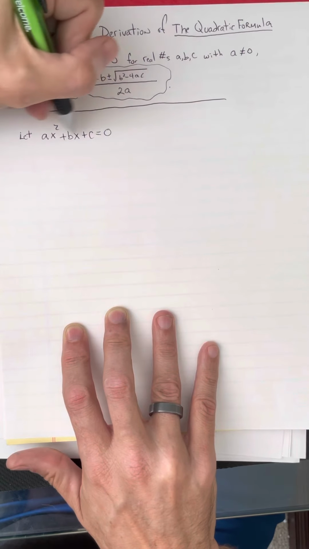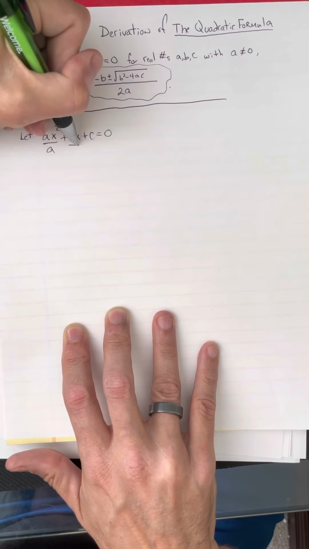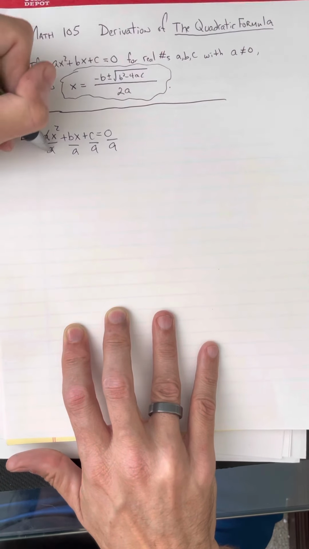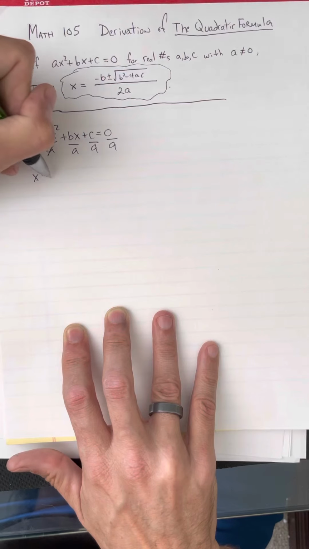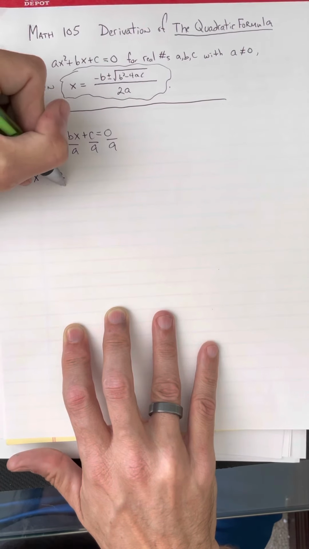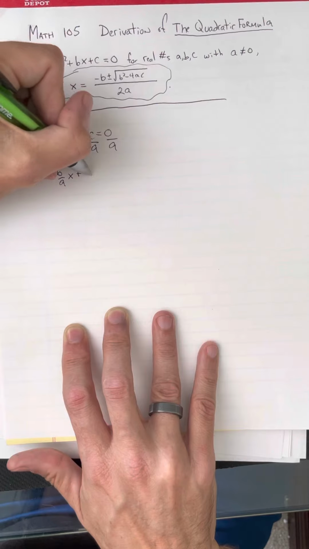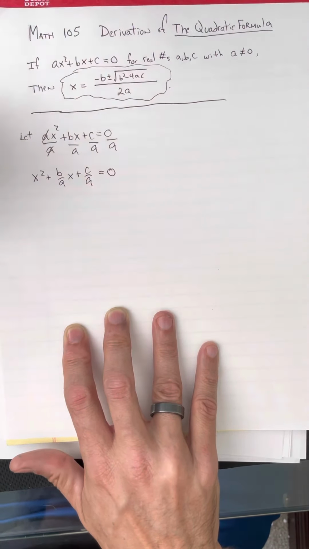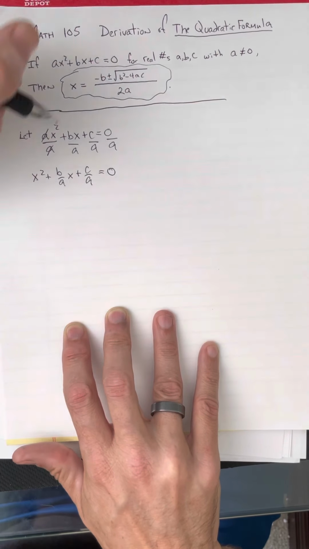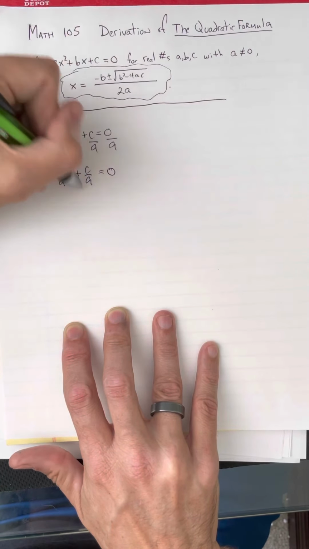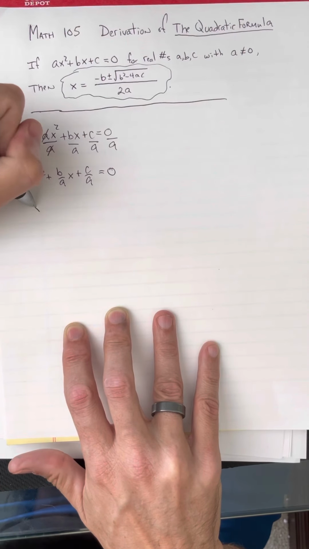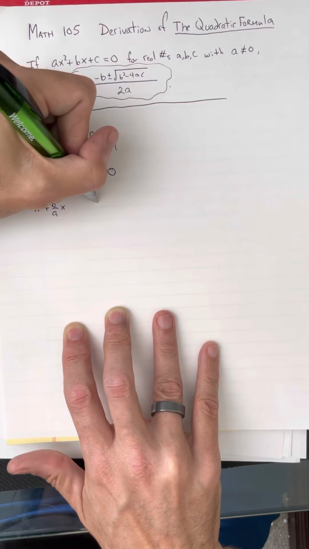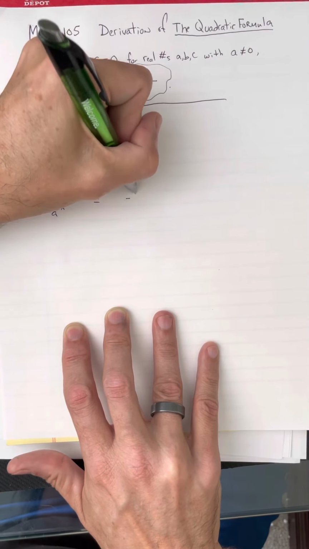Then the a's cancel, and I get x squared plus b over a x plus c over a, and it still equals 0 because 0 divided by a is just 0. Now I'm going to subtract the constant term from both sides. So x squared plus b over a x is going to equal negative c over a.